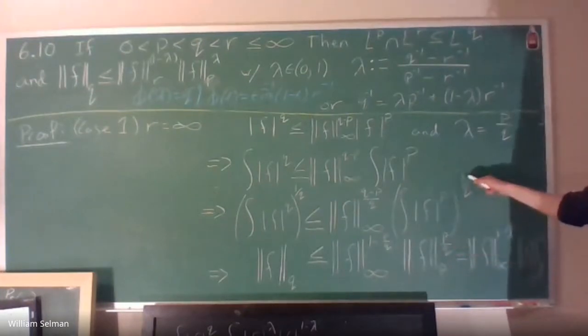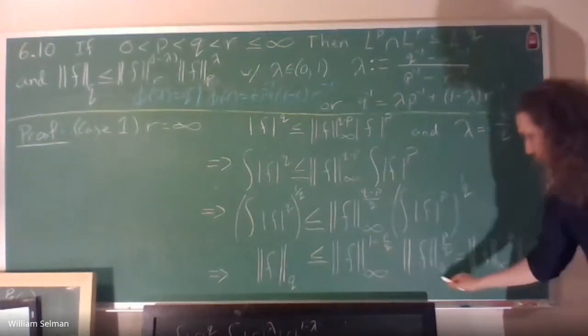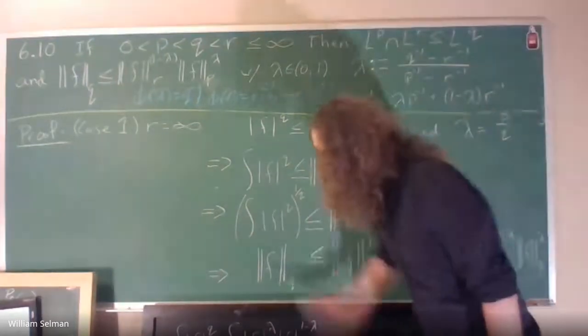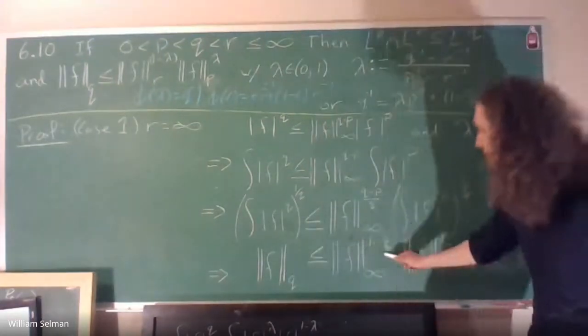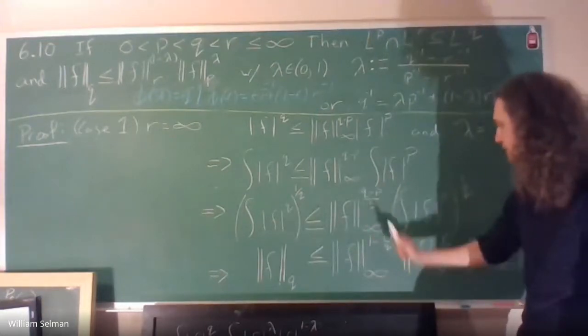So we end up with a p in the numerator when we write this in the form of a norm. We note that this is just the q norm, and here we can break up this fraction so that it's 1 minus p over q.